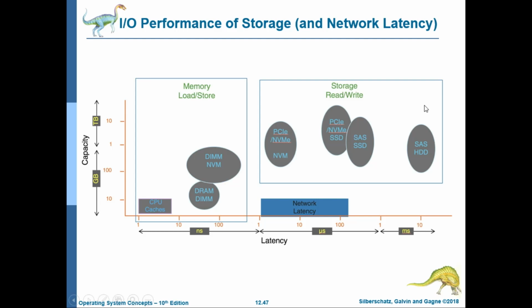For this example, for storage, the slowest, of course, is the HDD, because it has a higher latency. The fastest is the PCIe and the non-volatile memory. For memory, the CPU caches are the fastest because they are relatively smaller than the NVM or the DRAM.